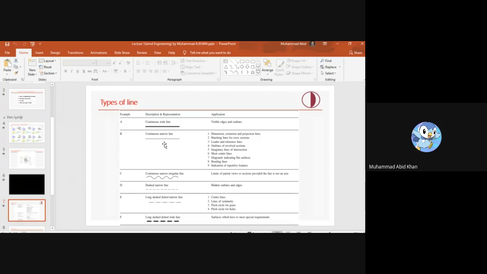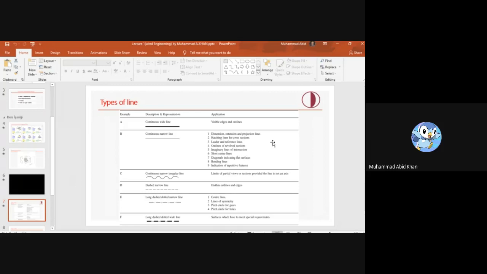In example B, continuous narrow line. You can see it is thin as compared to the continuous wide line. The applications are here: the dimension, extension, projection line. One application, and the second is we are using hatching line for cross section. Leader and reference line.